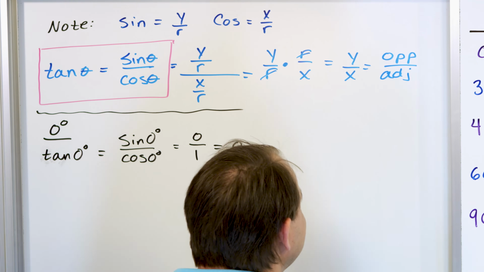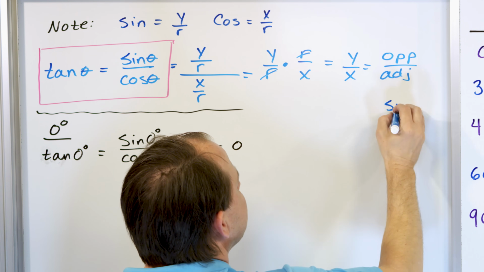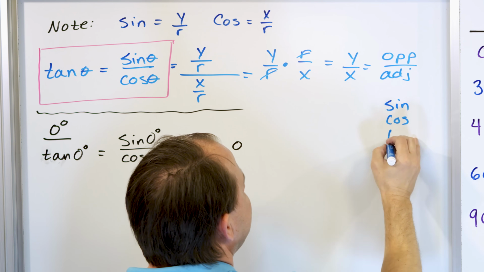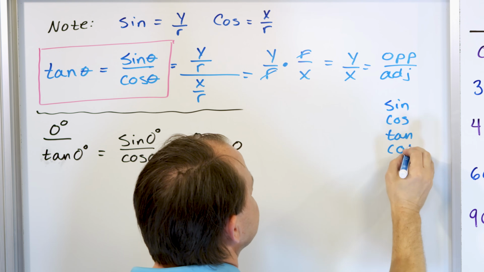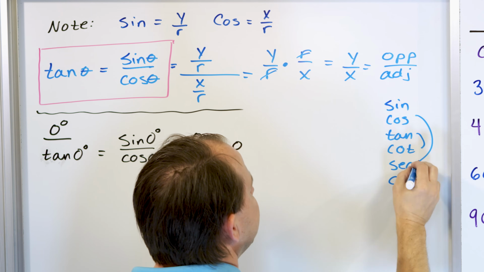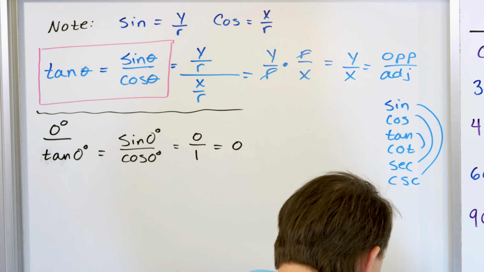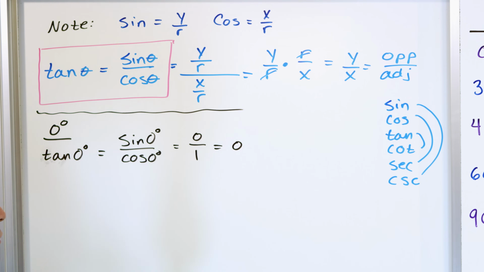Now for the rest of this entire table, remember we know that we redo it as sine, cosine, tangent, cotangent, secant, cosecant. These go together, and then these also go together. We're going to crank through pretty fast because I don't want to spend forever here, but it's important for us to go through it. What would be the cotangent of 0 degrees?